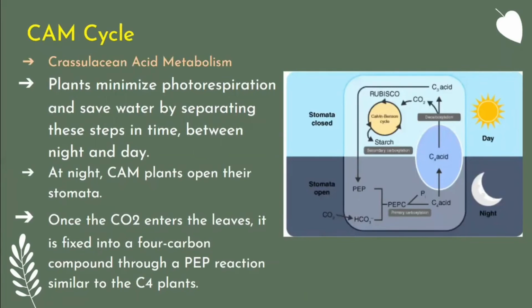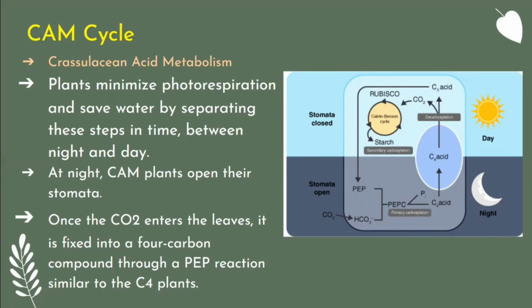Moving on, we have the CAM cycle. The CAM cycle is also known as the crassulacean acid metabolism. The plants that use this pathway are called CAM plants. These plants minimize photorespiration and conserve water by only opening their stomata, as well as admitting carbon dioxide, at night.